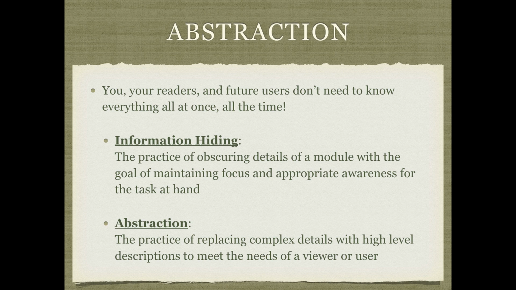So we have this concept of information hiding, which means that we obscure details of the implementation in order to maintain our focus and awareness relevant to whatever task we're trying to accomplish right now. So if you go back to any algorithmic example that we've looked at so far, where we split out logic to a separate module, that is an example of information hiding.